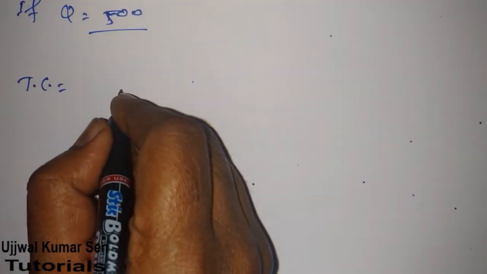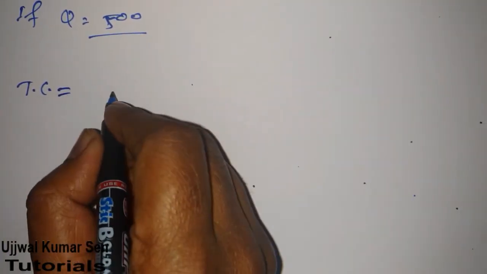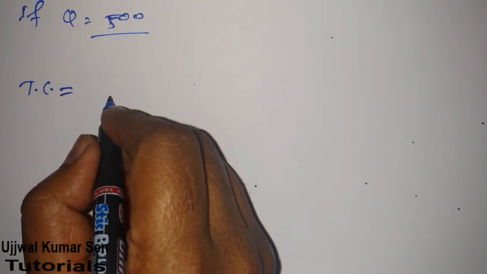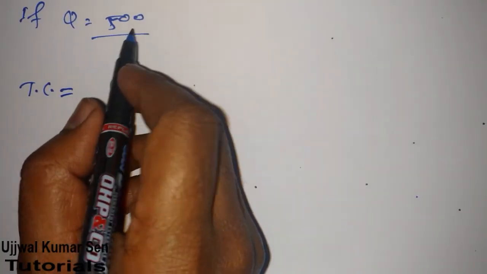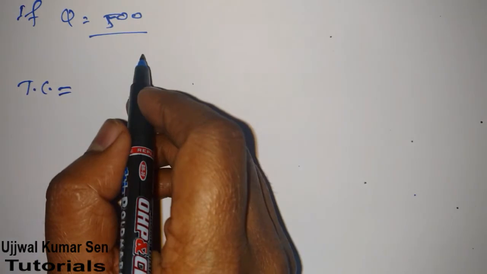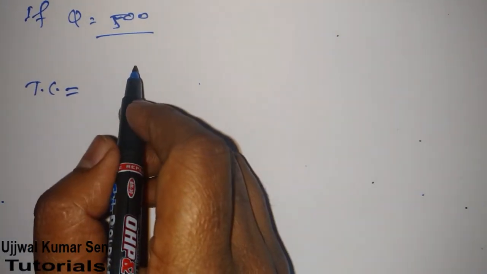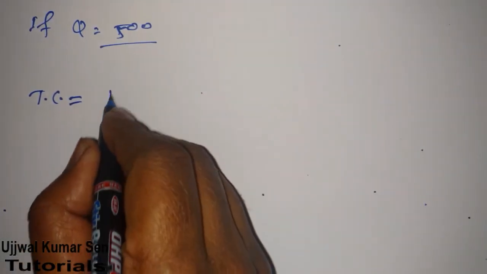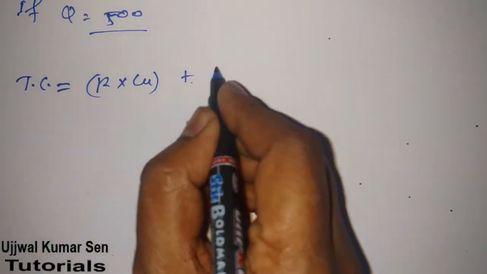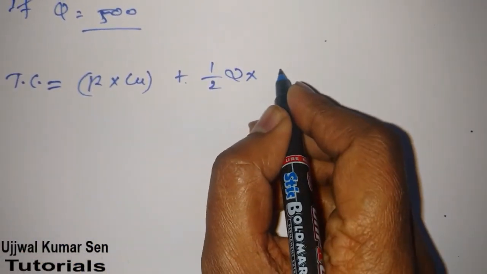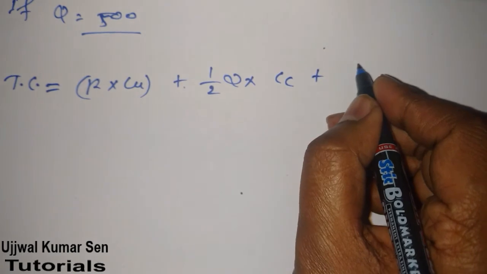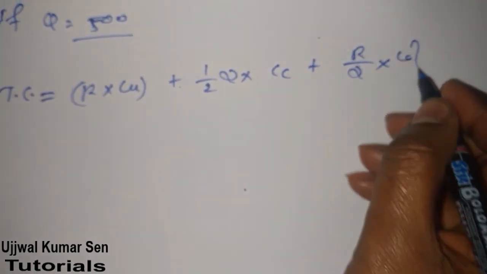For finding out total cost, for 500 quantity, for 1000 quantity, for 2000 quantity, we have different formulas. So what is that formula? R multiplied by Cu plus half Q multiplied by Cc plus R by Q into C naught.